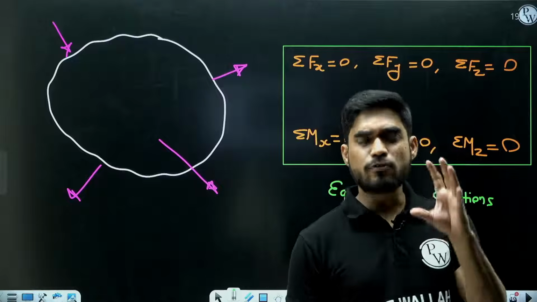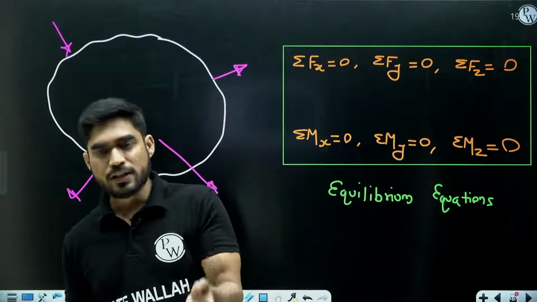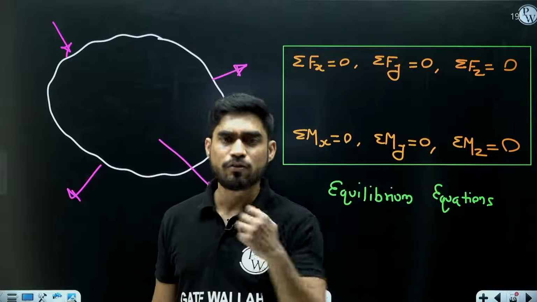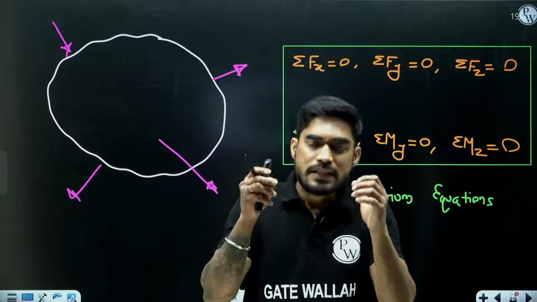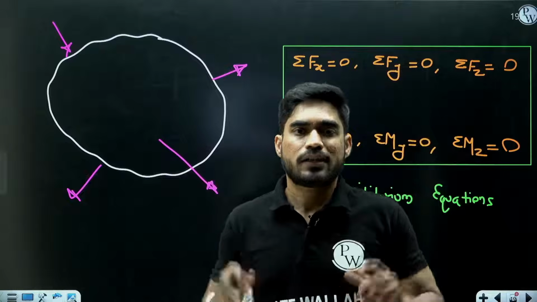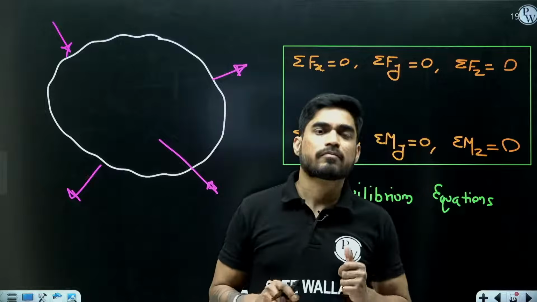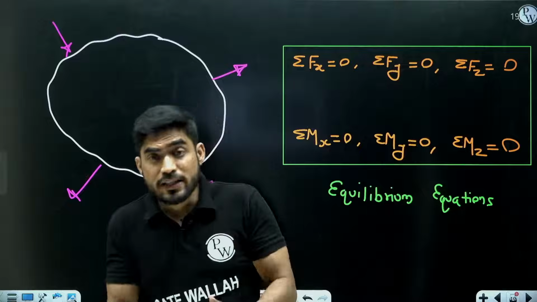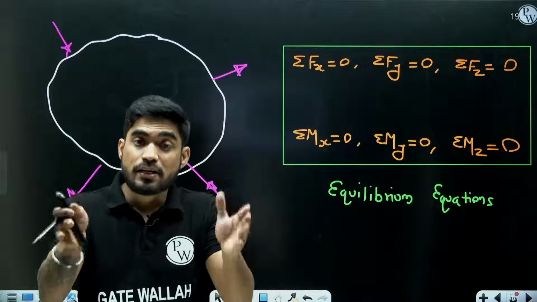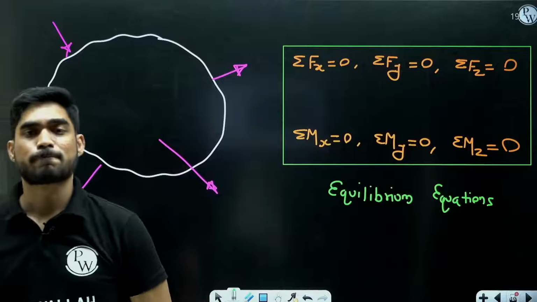So whenever you draw the free body diagram of a body, there are some forces that are known and some forces that are unknown. These unknown forces have to be calculated. Then only you will be able to design the body, right? In order to calculate these unknown forces, we will use these mathematical equations.